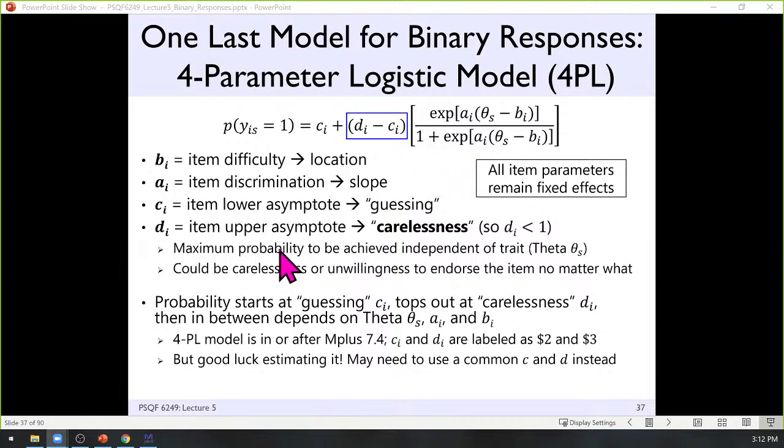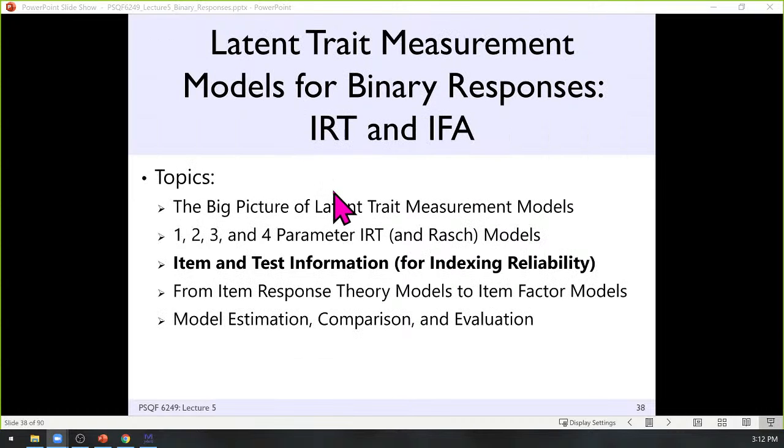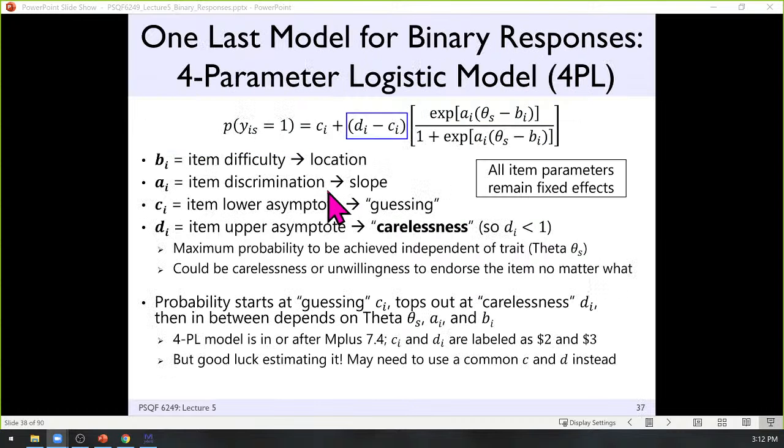So the models that have these C and D upper and lower asymptotes, they do not have a direct factor analytic version. It's just the 2PL that has the A and the B. That is actually factor analysis in disguise. And I will prove it to you next week, or maybe the week after that. All right, that's a good place to stop.